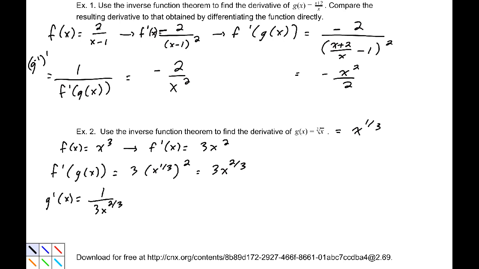Now, if we were to apply the power rule to this and just find g prime, that would be 1/3 x to the negative 2/3, which is equivalent to that.